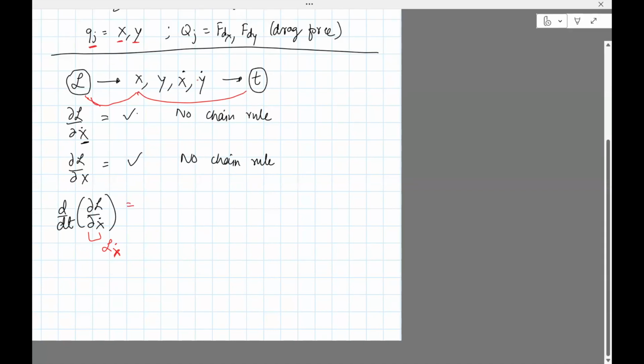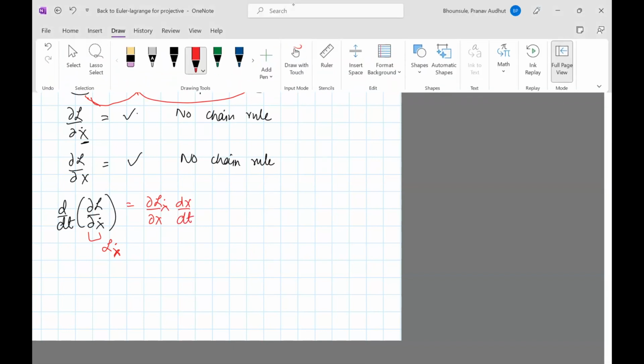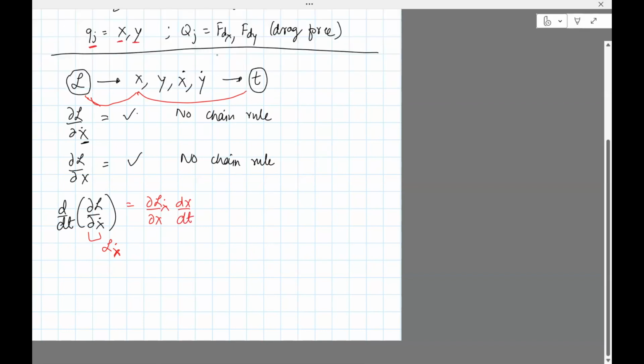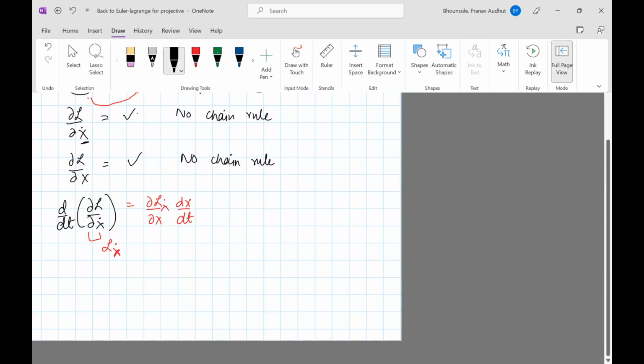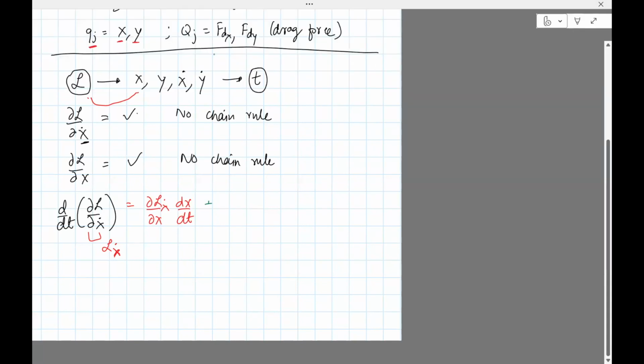So dL dx, this will be x dot, dx dt. Next I need to go from L to y to t. So that would be plus dL x dot dy dt.